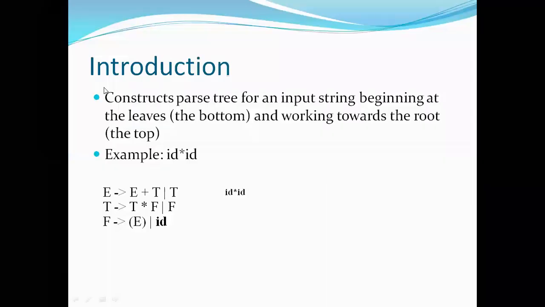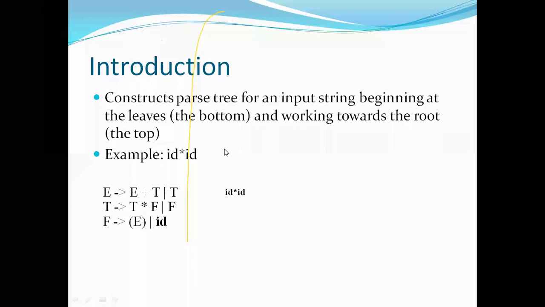So what is bottom-up parsing and how to construct a parse tree for it using a given grammar? Construct a parse tree for an input string beginning at the leaves. Leaves means the given input string, at the bottom, and working towards the root.